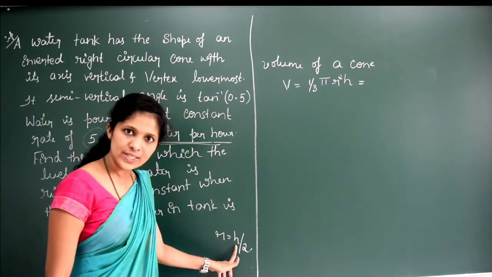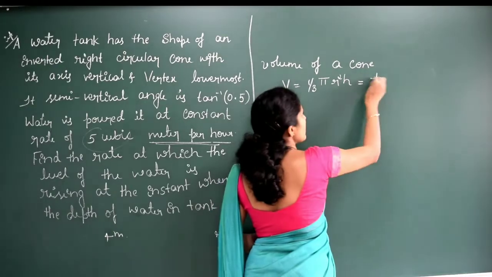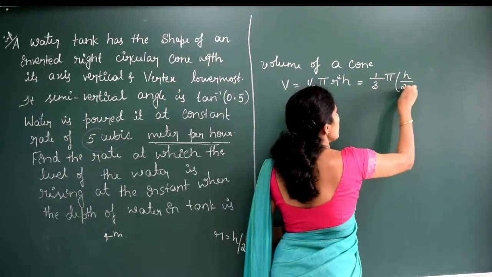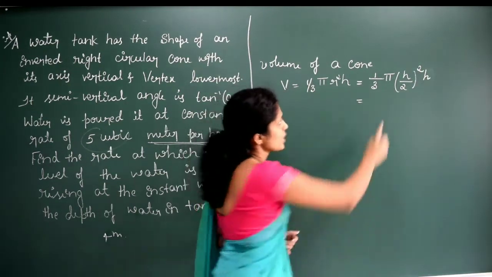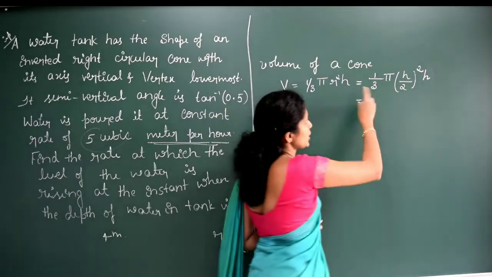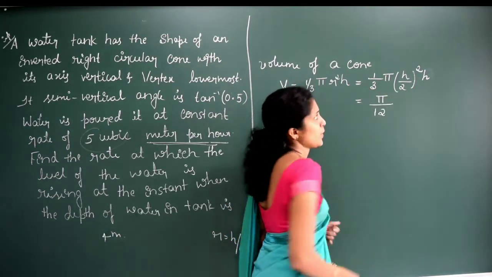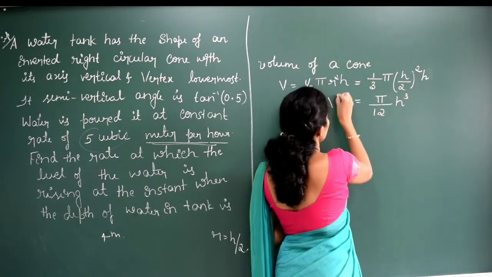That is, the r value we got as h by 2. We will substitute this. So this will be 1 by 3 pi times h by 2 whole square into h. So we will write the constants: 2 square will be 4, 4 into 3 will be 12, pi is constant as it is, pi by 12. h square into h will be h cube. So we got V as this.